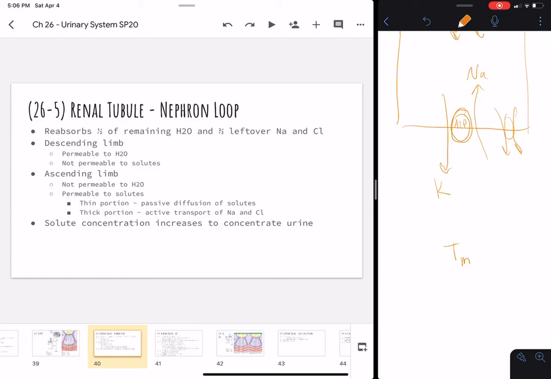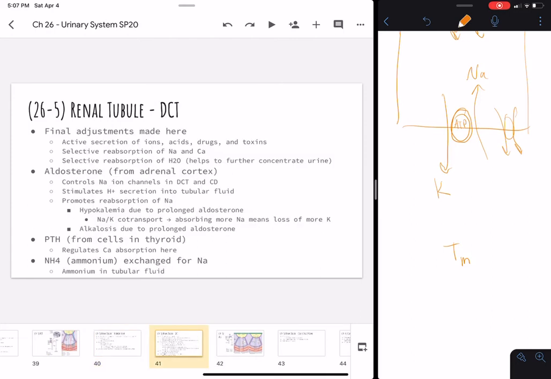We don't go into the specific details of what's happening at the thick or the thin. It's just more important to understand that we're reabsorbing solutes, mainly sodium and chloride here. The solute concentration is also increasing to concentrate urine. So remember, at the bottom of the nephron loop, the closest to the medulla, we have the highest solute concentration. So we have the least amount of water there and the most amount of solutes.